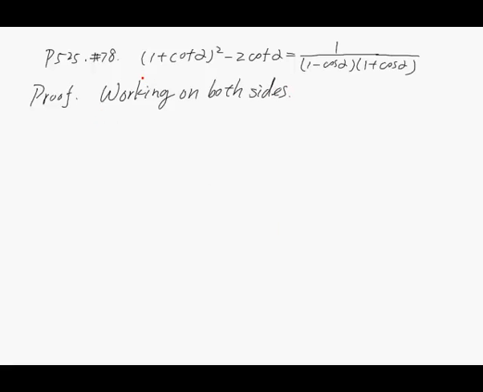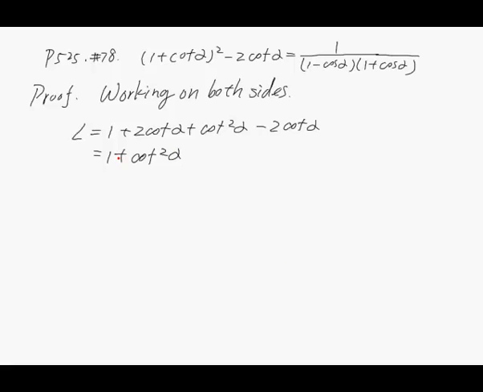So now let's first deal with the left side. For this part, we expand the square of this binomial, then we get 1 plus 2 times cotangent alpha plus cotangent square alpha, and then minus the cotangent alpha. So this 2 times cotangent alpha cancels, then you get 1 plus cotangent square alpha.